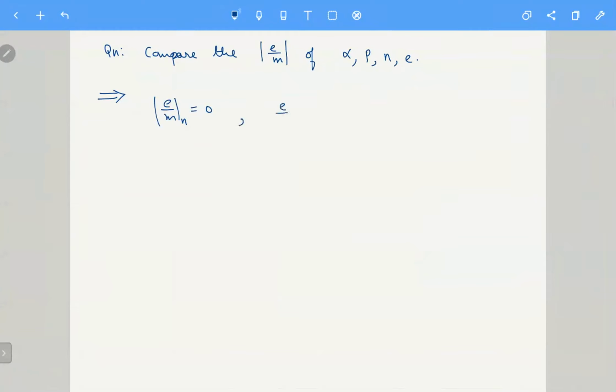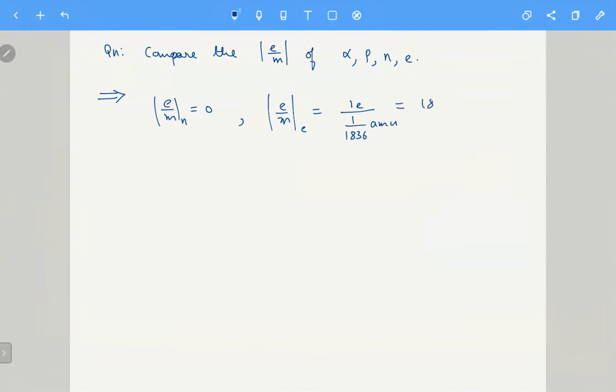Let us calculate the relative values of e by m, not the exact values, relative values. e by m for electron, the charge is minus 1, magnitude is plus 1. Mass, if you take it in amu, is 1/1836 amu.